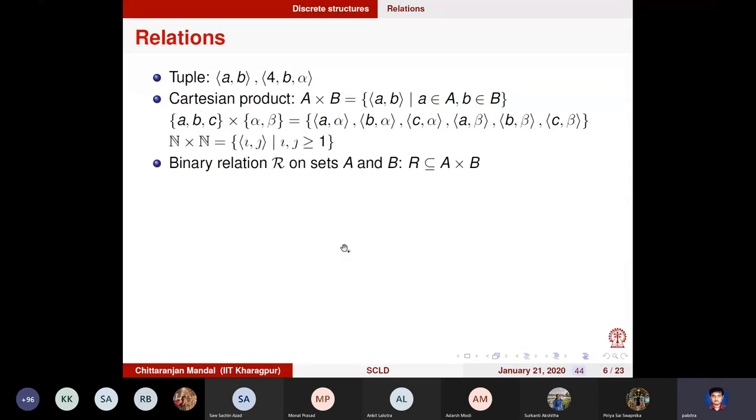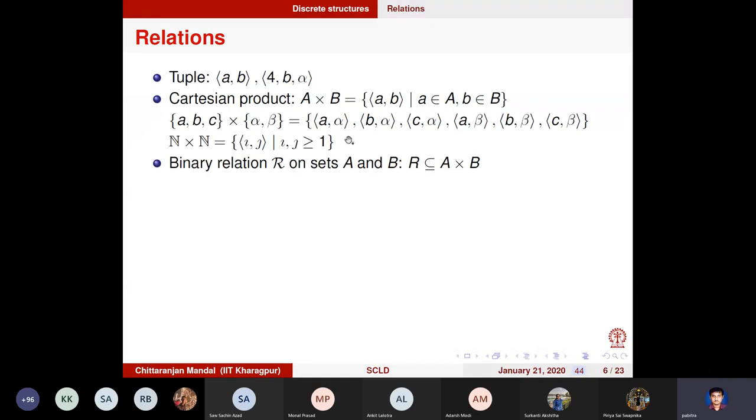Now we define a binary relation R on the sets A and B as any subset of the Cartesian product. You pick any subset of the Cartesian product, and we call it a relation on the sets A and B. For example, this is the Cartesian product of the set A, B, C and the set alpha, beta.